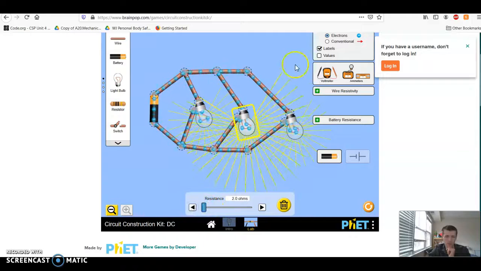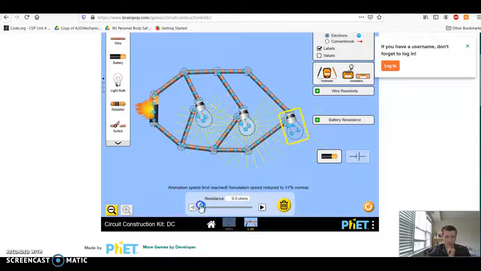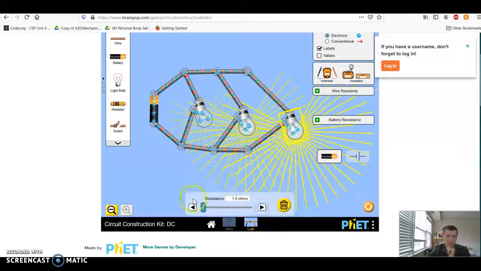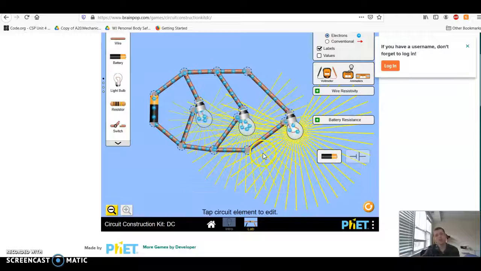Oops, I accidentally set my system on fire for a second. The reason that fire occurred is because I set my resistance all the way to 0, which remember causes a short circuit as discussed previously. So a slightly different situation. Notice that these light bulbs all have different intensities, whereas with a series circuit, all 3 light bulbs had the same intensity despite having different resistances.